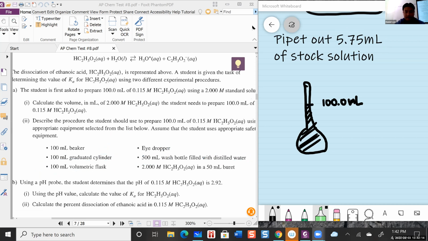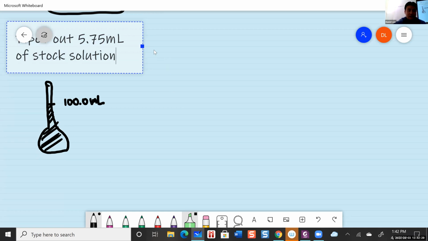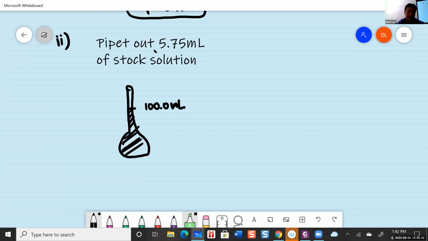So let me just type out what we just said. Again, because of my tiny little screen, I'll just work with this. I'm going to type it out here. I can't say pipette out anymore, because there is no pipette, so forget about pipette.